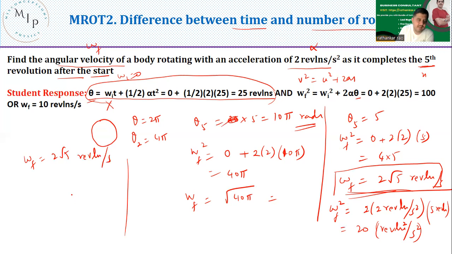But one revolution is equal to 2 pi radians. So this can also be written as 2 root 5 into 2 pi radians per second, and it should now be equal to 4 pi into root 5 radians per second. Right? So we have converted revolutions to radians.